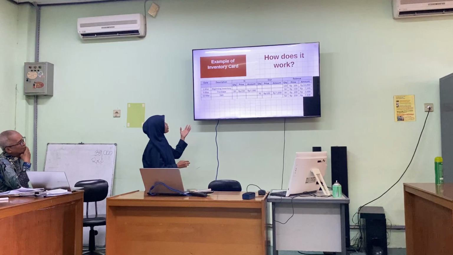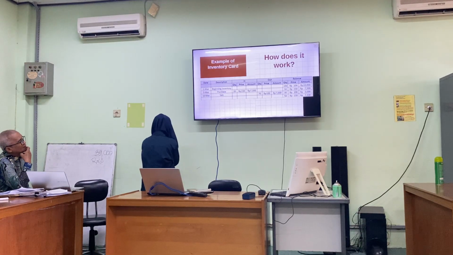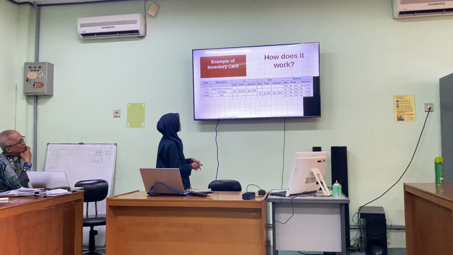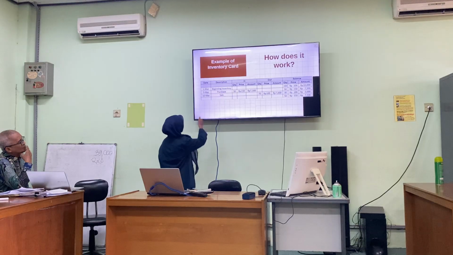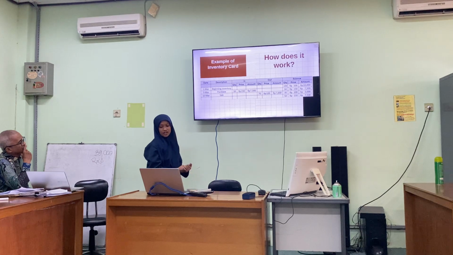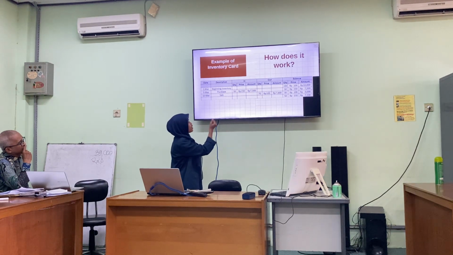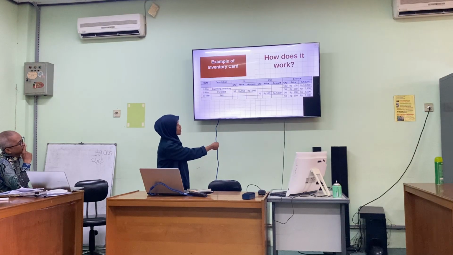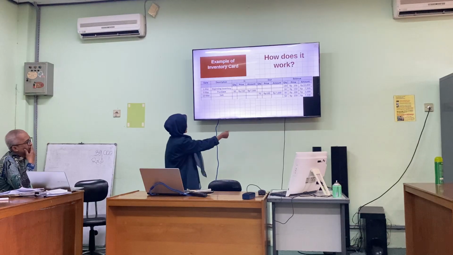For example of an inventory card, the first, on March 1st, the beginning inventory was 100 units at a unit price of 100 rupiah for a total of 10,000 rupiah.